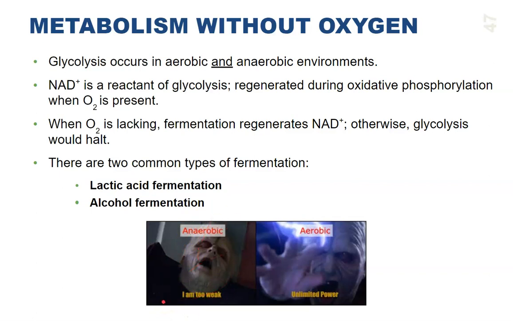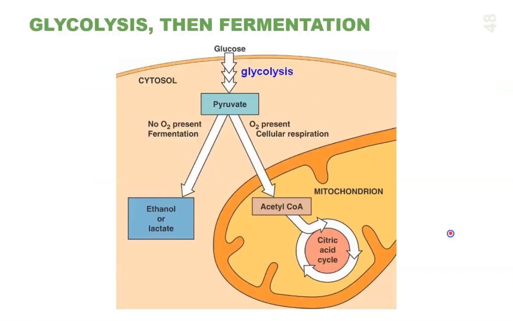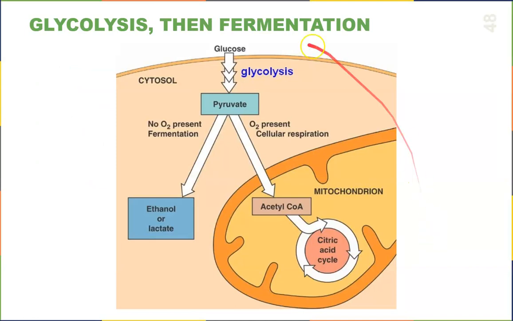It doesn't create that much ATP, but at least it creates some, so it's better than nothing. So again, glycolysis happens in the cytosol, doesn't care if oxygen is present or isn't present. It's going to happen anyway, as long as we have our reactants, which are glucose, NAD, and ATP. So if no oxygen is present, we do fermentation so that we can regenerate NAD.